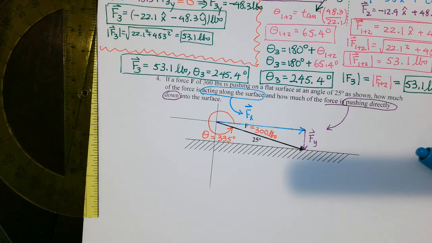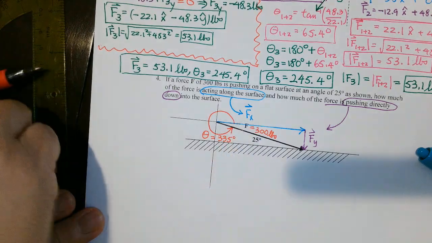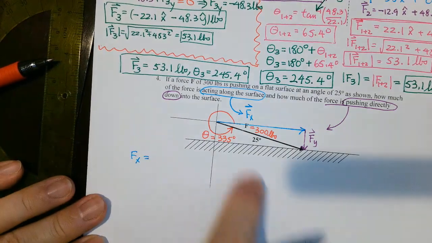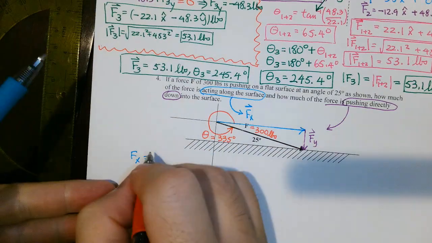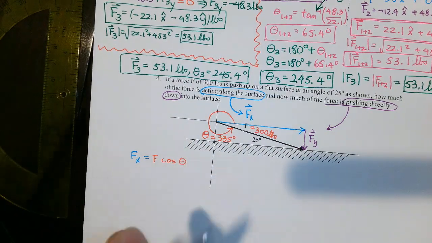Are we okay with that so far? Now it's easy. Right? Now it's easy. Because all you have to do now is just find the components. So to find the Fx, your Fx is equal to basically F times cosine of theta.